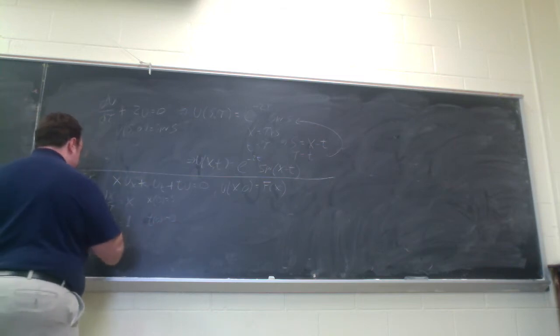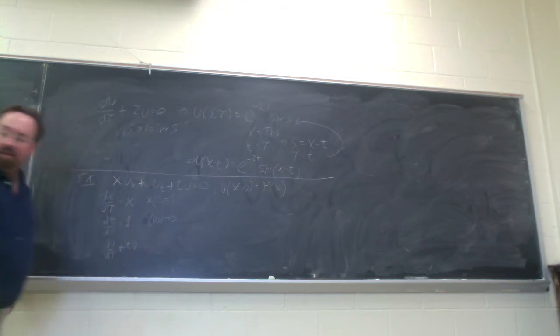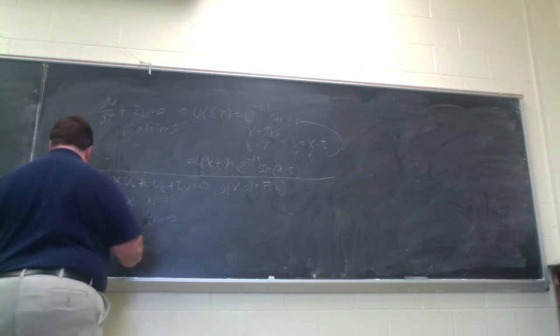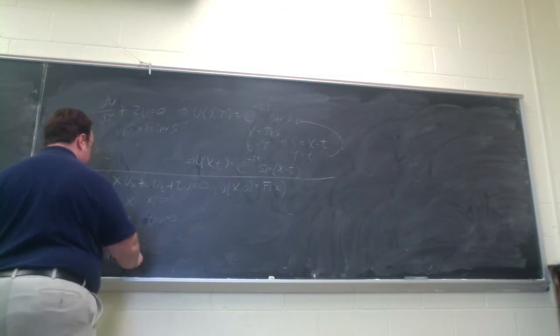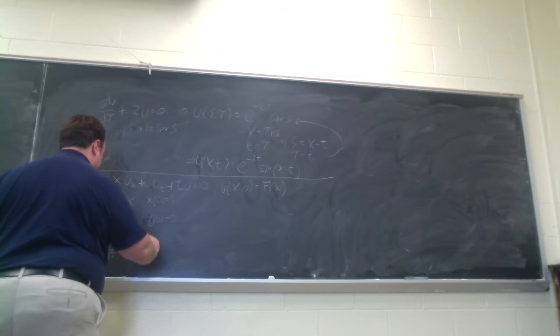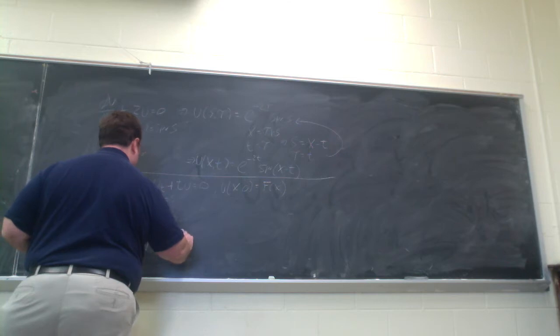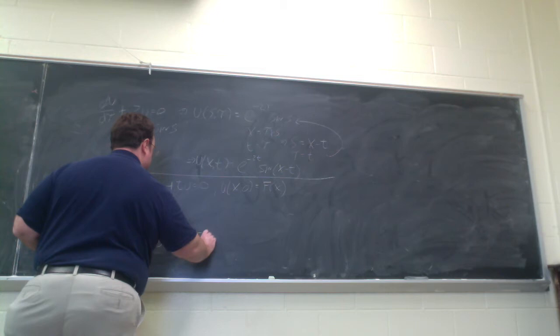And then du/d tau plus t of tau times u is equal to 0, and u of s,0 is equal to big F of s.